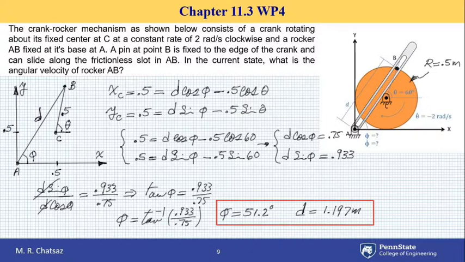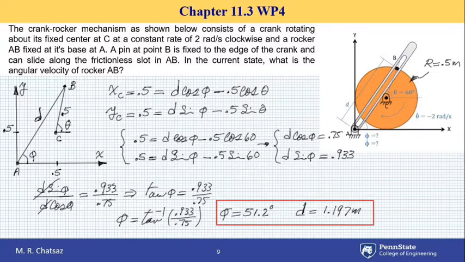So let's go ahead and take two derivatives of the two equations and see how we can find derivative of the angle, which is by definition angular speed, which is what we're interested in, the objective of the problem.